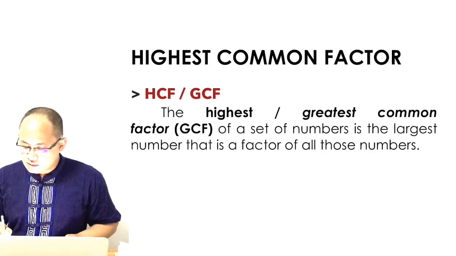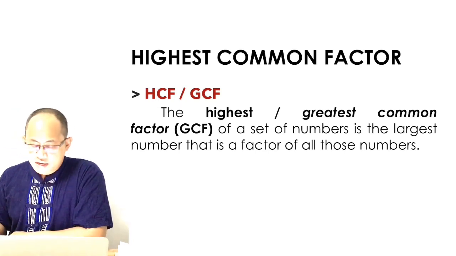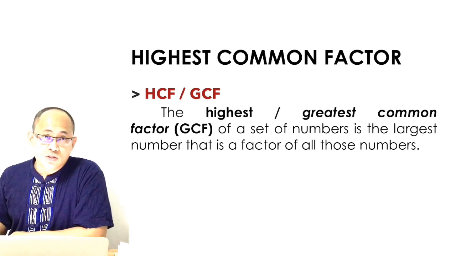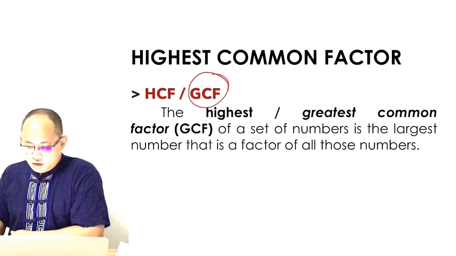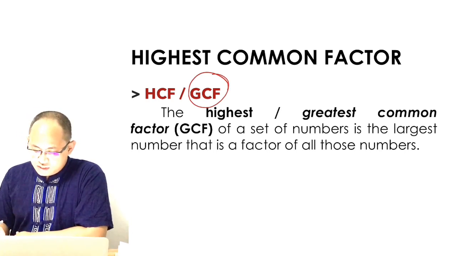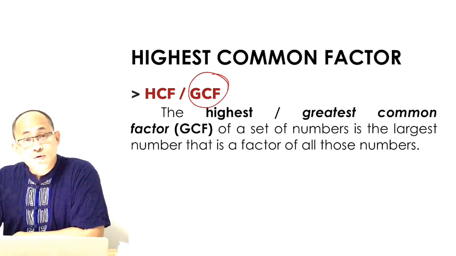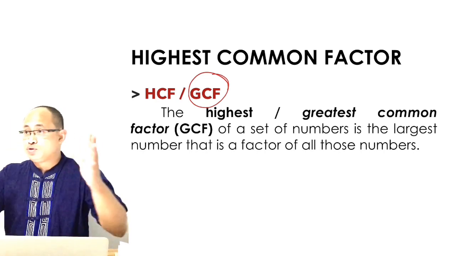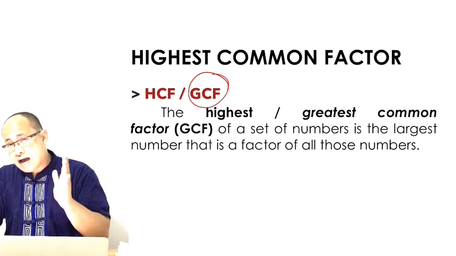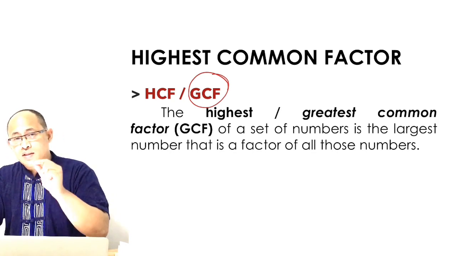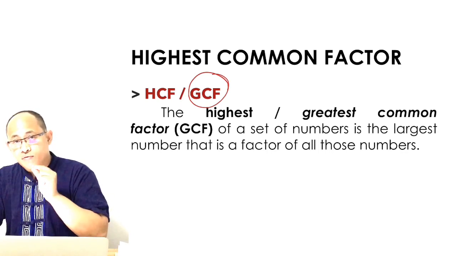Now, what is HCF? HCF is the highest, or commonly known as the greatest common factor, or the GCF. GCF or HCF of a set of numbers is the largest number that is a factor of all those numbers. Means to say you have all those different numbers, you factor them out and find the highest possible number that is common between those numbers, and you call it the greatest common factor.